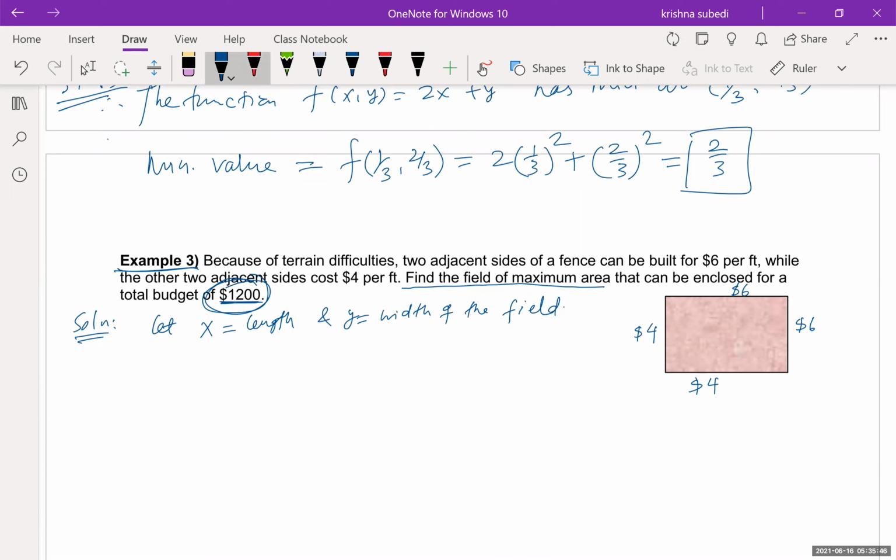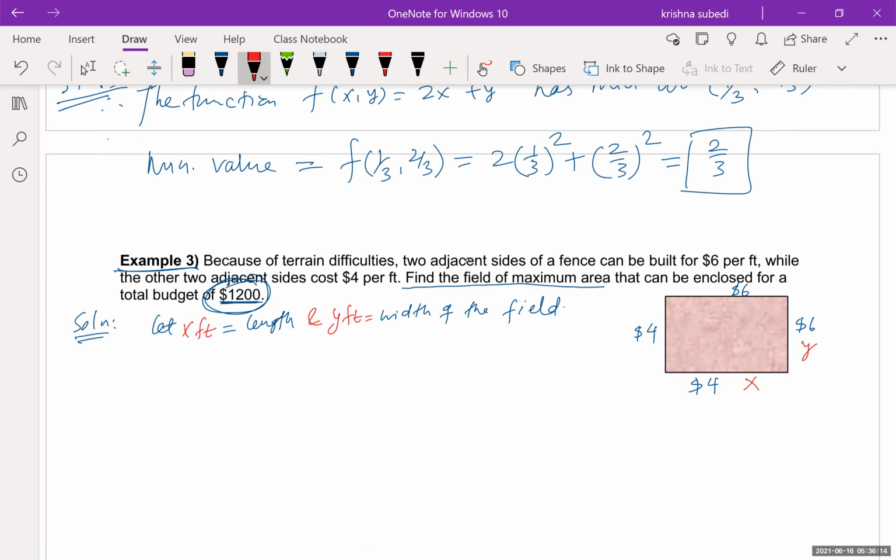Now, suppose that this is our x and this is our y. This is x feet, and this width is y feet. So x feet and y feet are the length and width of the field.